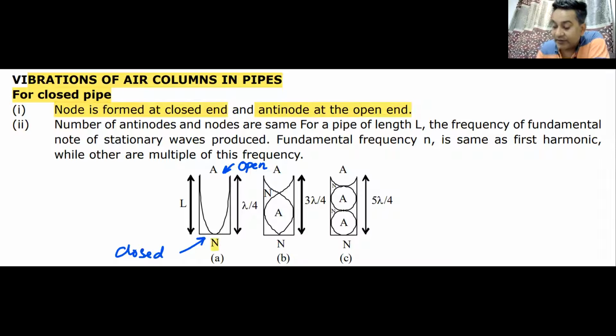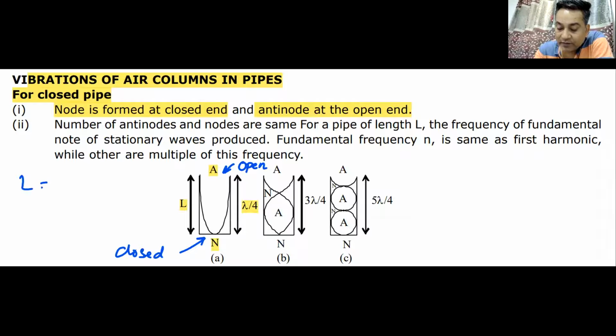Do we see an N here? N standing for node and A standing for the antinode. Yes or no? Yes, sir. L is the length of the pipe. There is one node and one antinode. The distance between the node and the antinode is lambda by 4. Do we understand this?